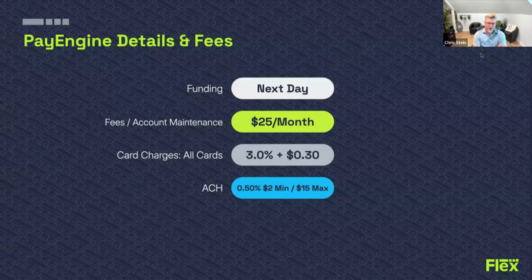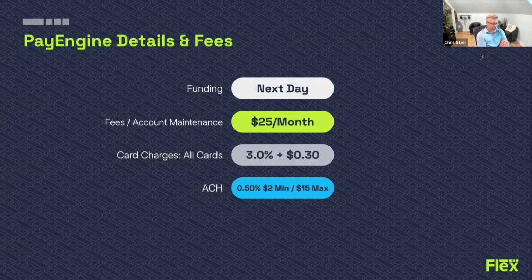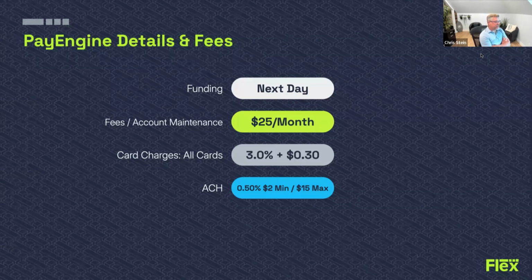One of the other areas that was a reason why we chose them, we looked at a lot of the larger processing companies, the Squares and the Stripes, and the support for them was 24/7, etc. And one of the problems that we've noticed with a lot of these large customers, and we talk to existing customers who use those products, is that support is 24/7, but the support responses are, look at this help desk article, etc. Where PayEngine is much more of a smaller company similar to us.